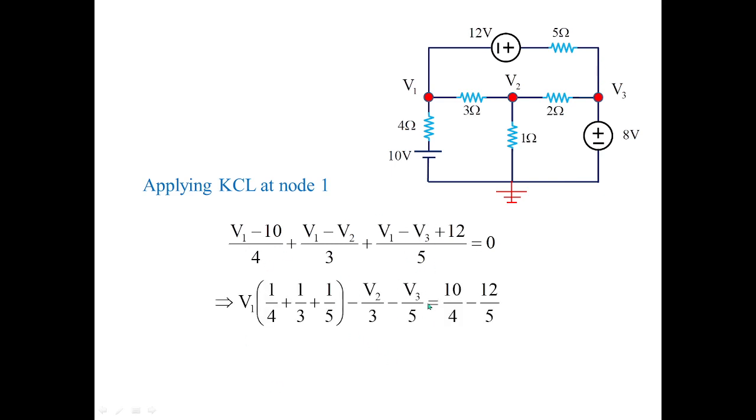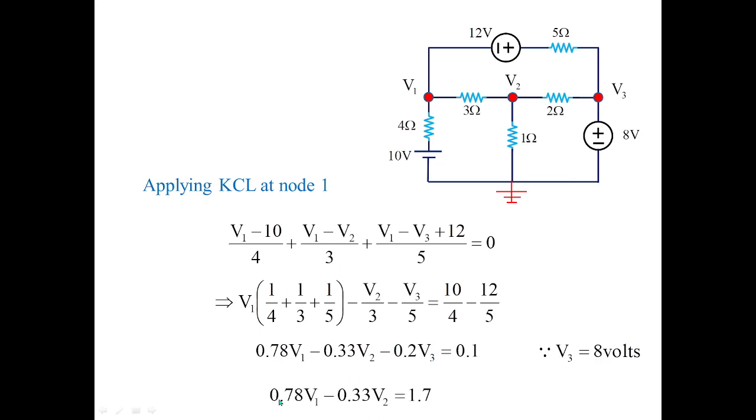Now simplifying, we get 0.78 V1 minus 0.33 V2 minus 0.2 V3 equal to 0.1. Remembering that V3 is 8 volts and substituting, you get 0.78 V1 minus 0.33 V2 equal to 1.7, because minus 0.2 multiplied by 8 gives minus 1.6; taking that 1.6 to the right hand side, you get 1.7. We consider this as equation 1.